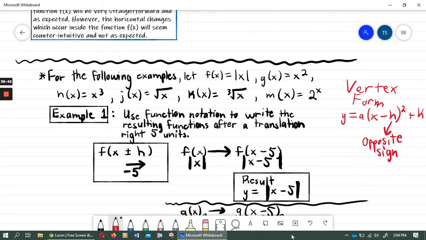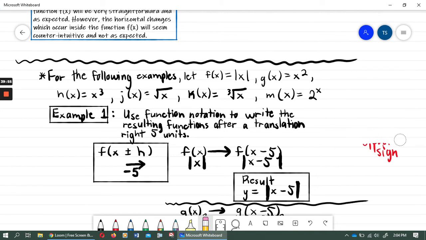And again, I'm going to erase that because that isn't really what we're talking about here, but it is what we're talking about too. That's just a tribute to us talking about the vertex form.